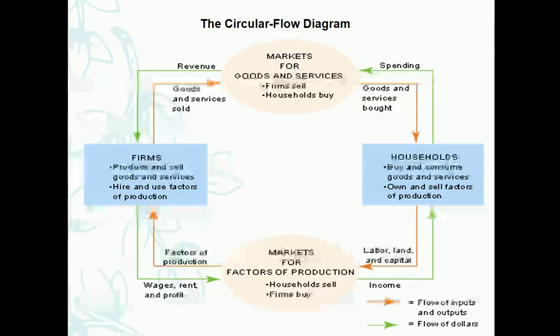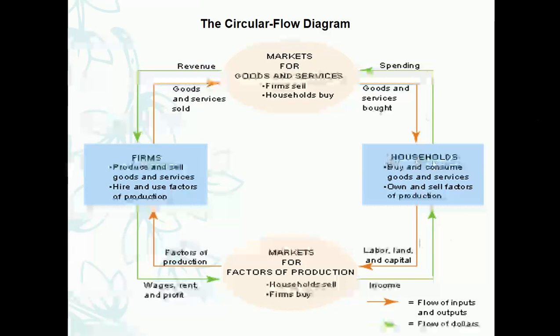So around and around we go. Households provide the labor for firms and the firms provide goods and services. The households buy the goods and services, they spend those and provide revenue for the firms and in turn income for the households.